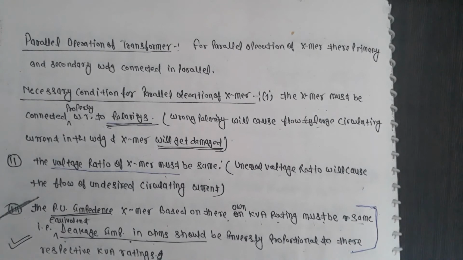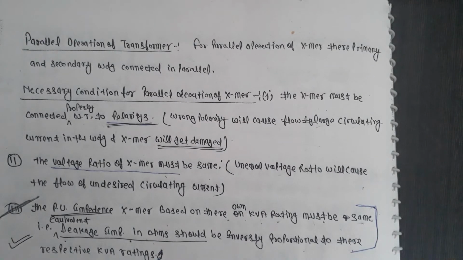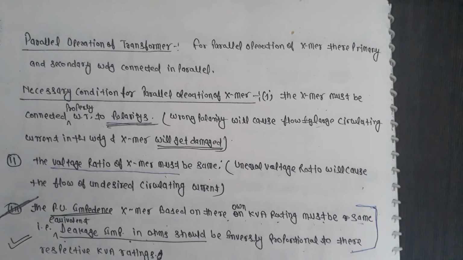For a parallel operation of transformer, their primary and secondary winding are connected in parallel. If we are talking about parallel operation of transformer, then we have two or more transformers whose secondaries are connected to each other.